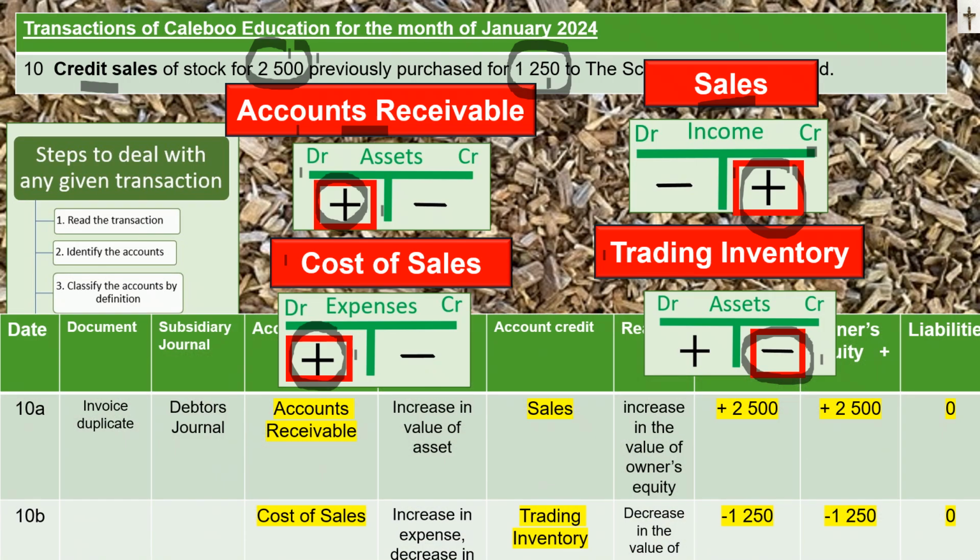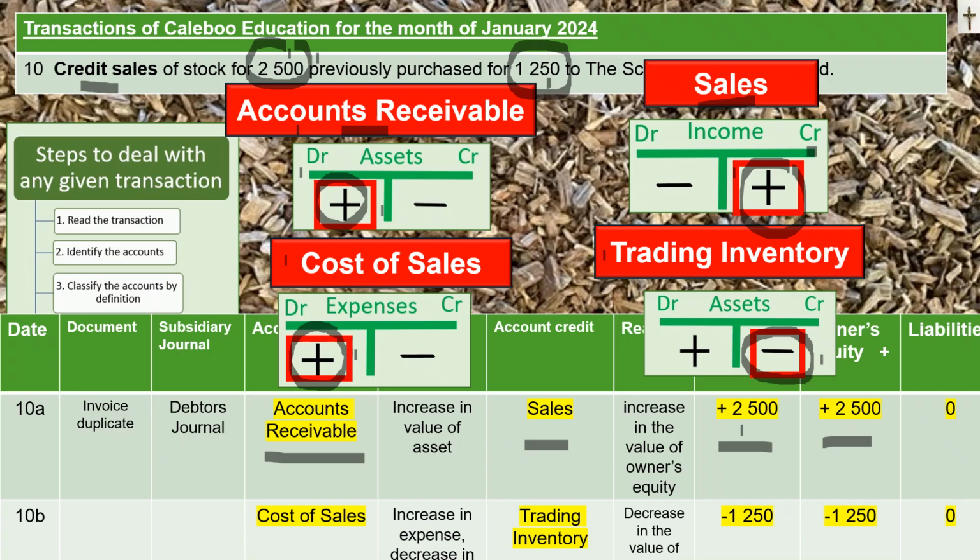And this is the effect on the accounting equation. Part A, accounts receivable was debited. Sales was credited. What happened to our assets? They increased by 2,500. And what happened to our owner's equity? Increased by 2,500.